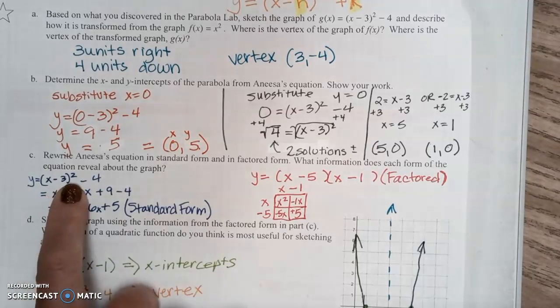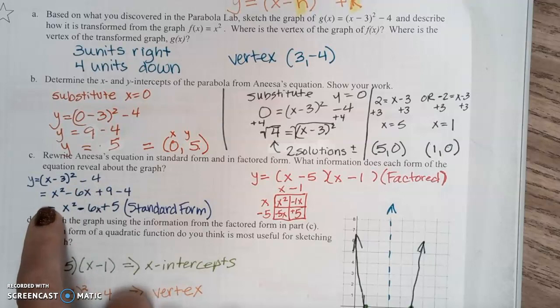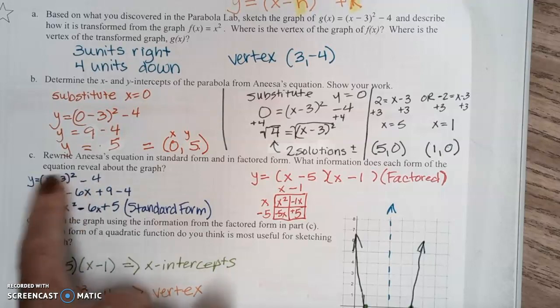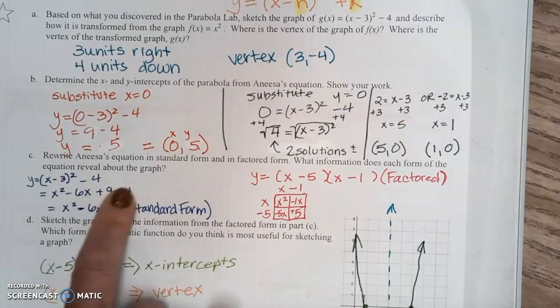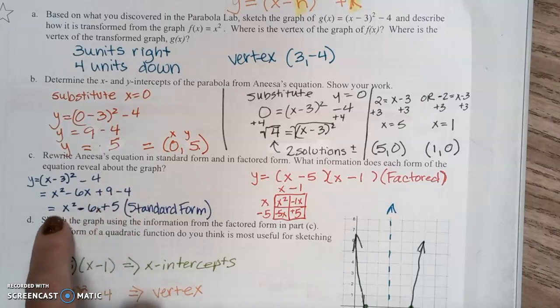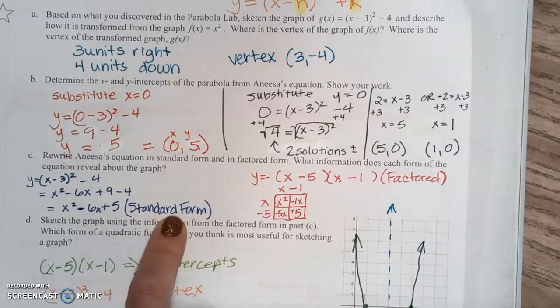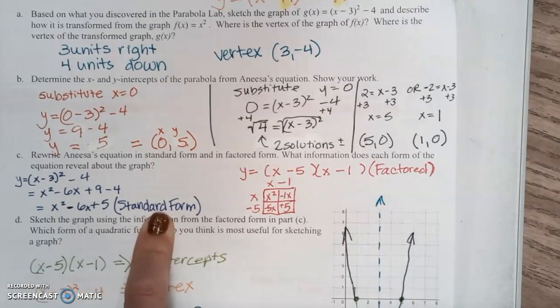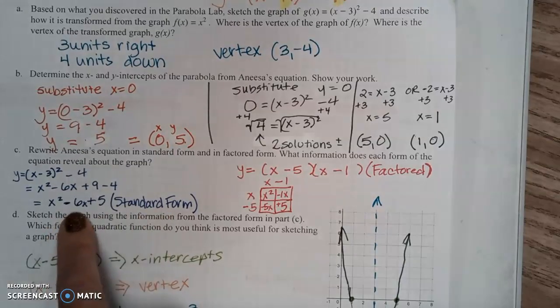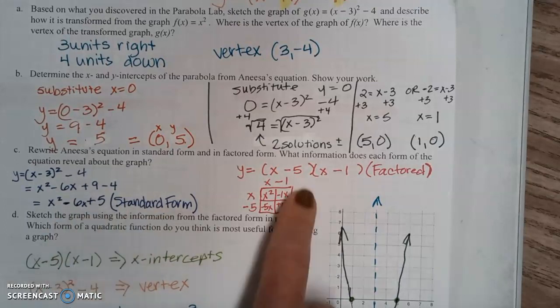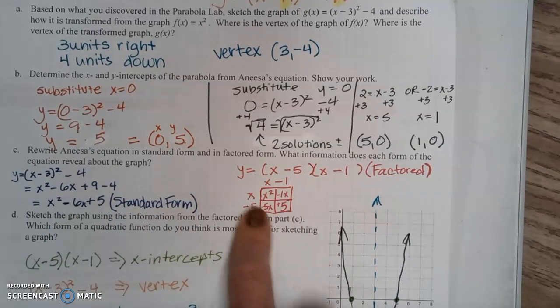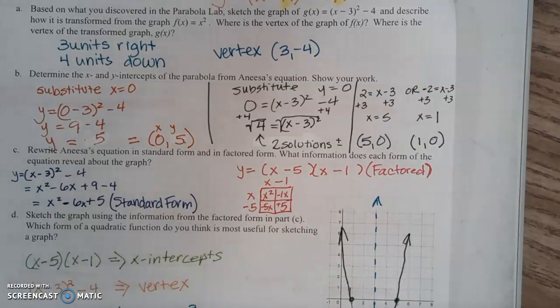Okay, so her equation is (x minus 3) squared minus 4. We're going to FOIL this (x minus 3) squared out and then subtract the 4 from the 9. And we end up with x squared minus 6x plus 5. And that puts our equation in standard form. Then we take our equation from standard form and we can factor it. I factored it using the box, but you can do it other ways.